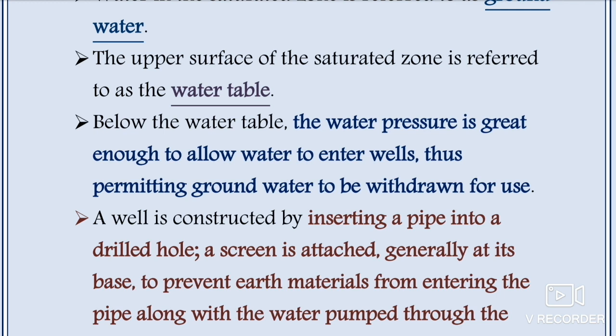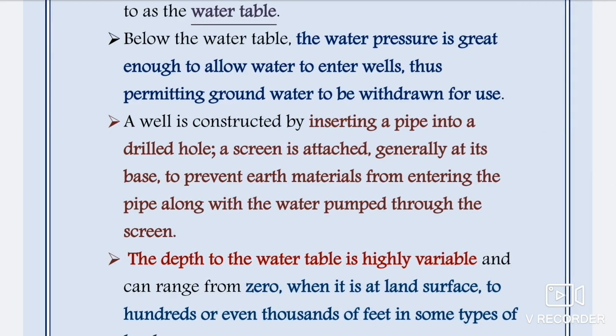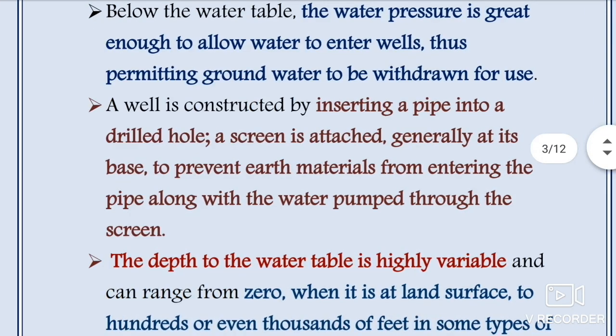A well is constructed by inserting a pipe into a drilled hole, and a screen is generally attached at its base to prevent earth material from entering the pipe along with the water pumped through the screen.